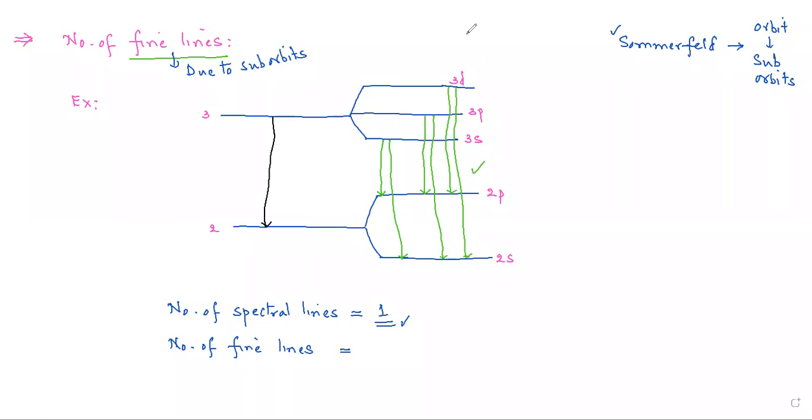These are called fine lines. So how many fine lines are formed? It is 6. So the number of fine lines is n1 into n2. In this case n1 is 2 and n2 is 3. Therefore the number of fine lines is 6, because n1 into n2 is 2 into 3, nothing but 6. These are the fine lines.